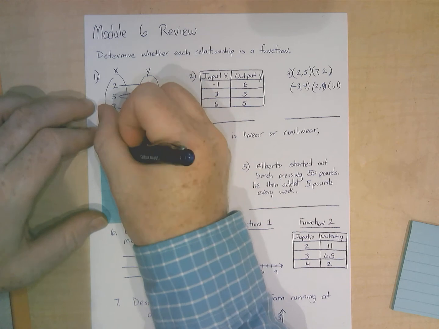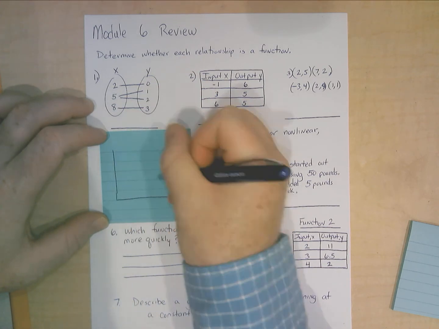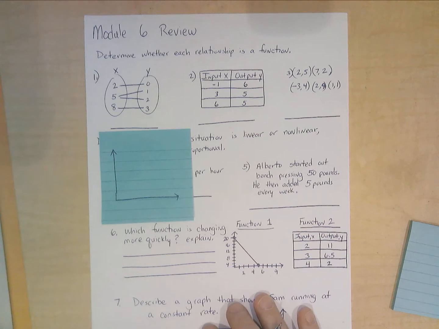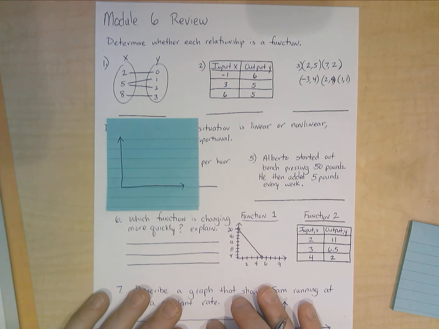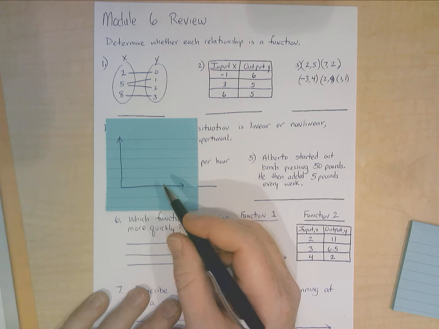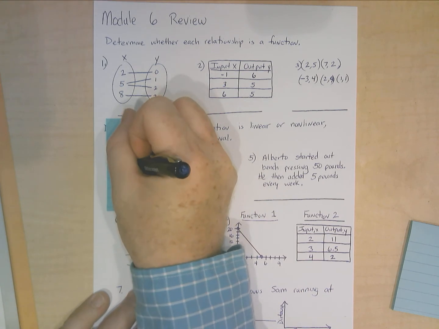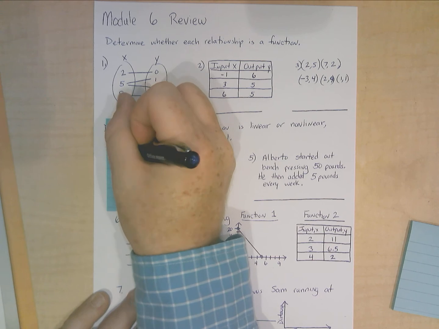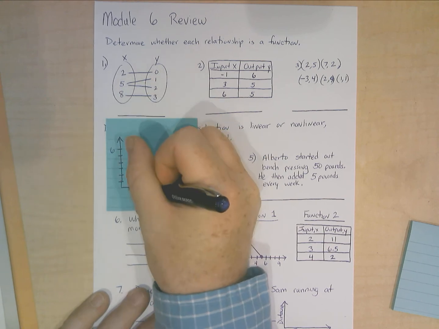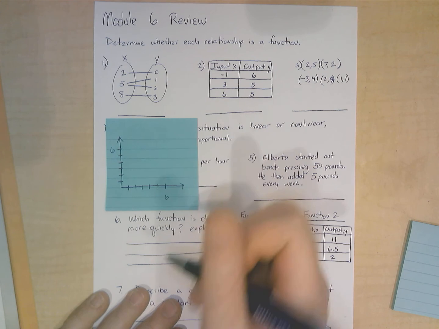Let's go down to here. Now this is, again, not too scientific, not too mathematical because I've got no grid lines. But we're just going to make them, okay? So this is 1, 2, 3, 4, 5, 6. 1, 2, 3, 4, 5, 6. All right.